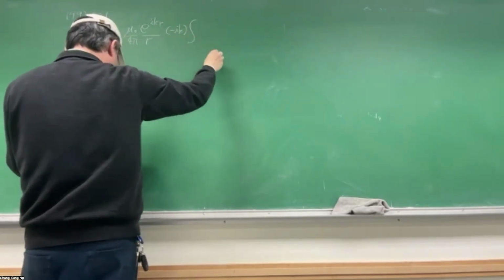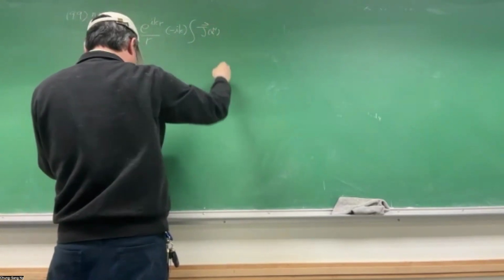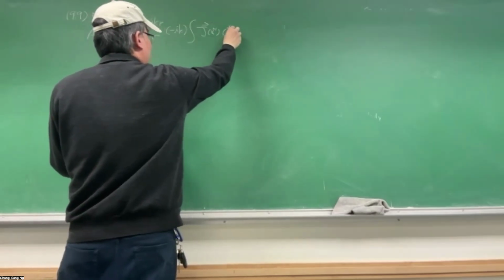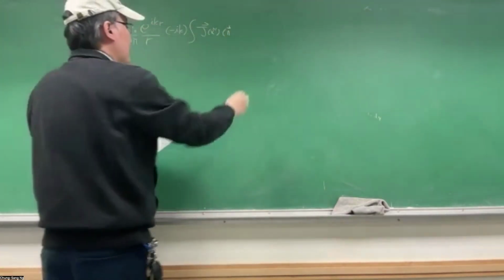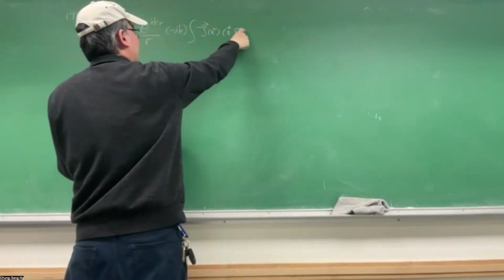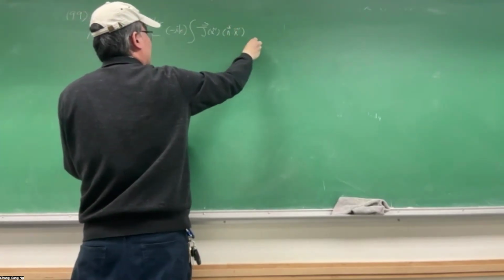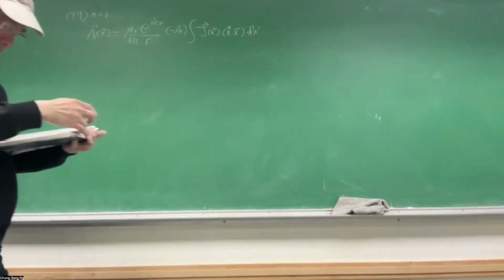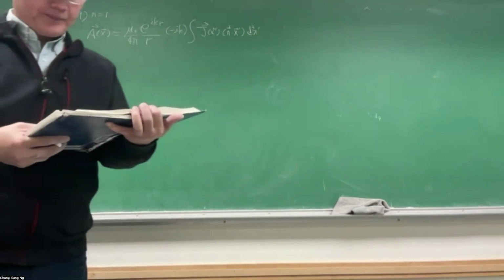And then you integrate j as a function of x prime, and n is the unit vector, which is basically just the R unit vector, n dot x prime, to the n power, not this n, it's the integer n. The n is 1, so it's just keeping this one. Okay, so that's the n equals 1 term.